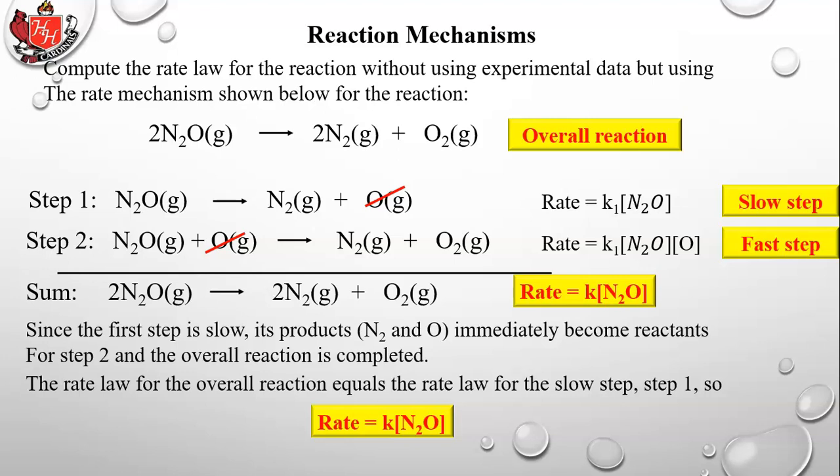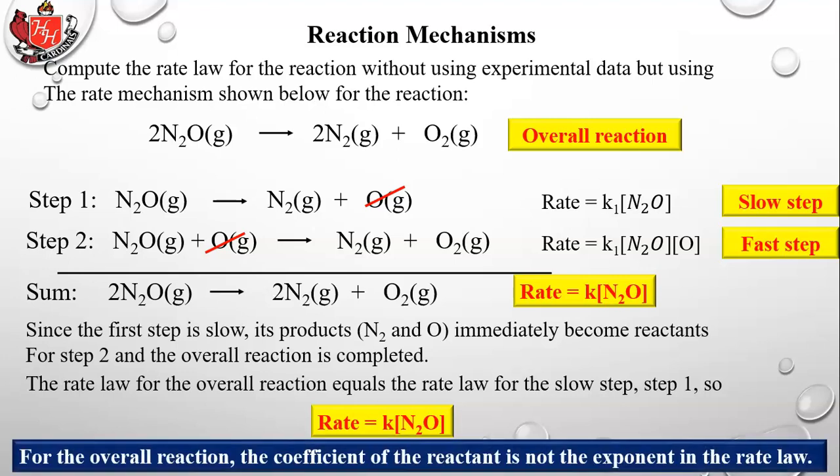Again, you cannot use the coefficients in an overall reaction as the exponents in the rate law. So you'll see that the rate law for the overall reaction is equal to the rate law of the slow step. The overall reaction cannot move any faster than the slowest step. So for the overall reaction, the coefficient of the reactant is not the exponent in the rate law. That's for the overall reaction.